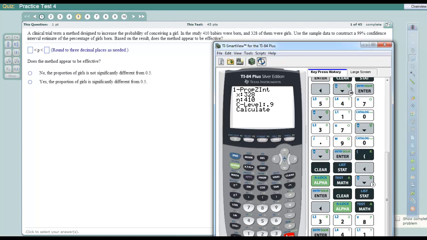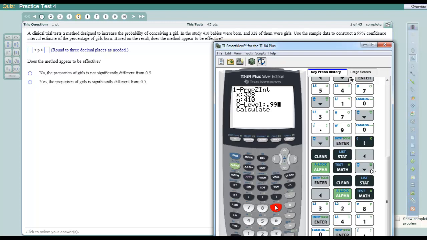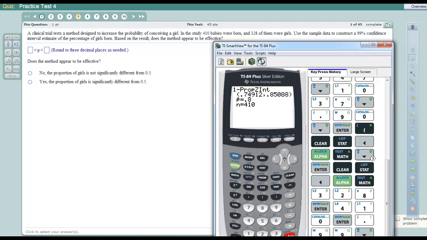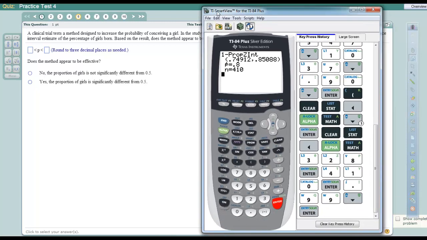And our level of confidence, we just said, is 99%. So we get 0.749 to 0.851. Okay. Does the method appear to be effective?